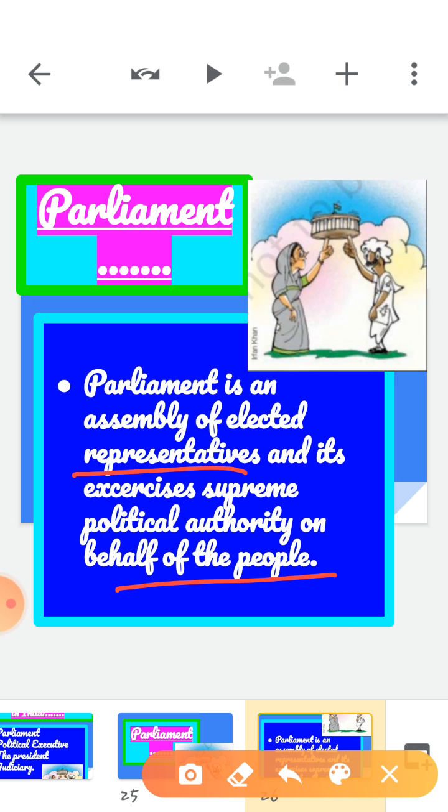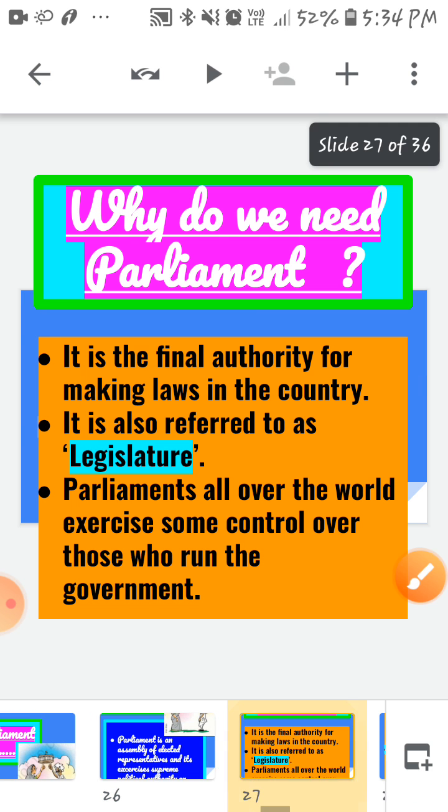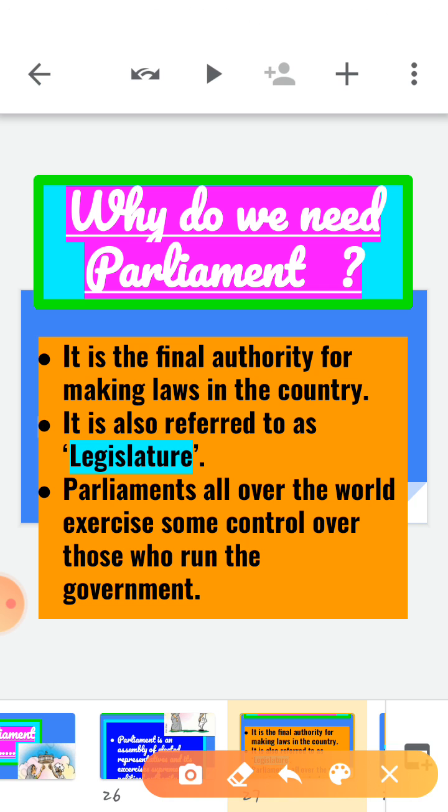In India, such a national assembly of elected representatives is called Parliament. Is it clear? Okay.